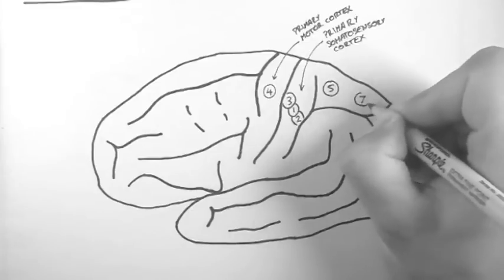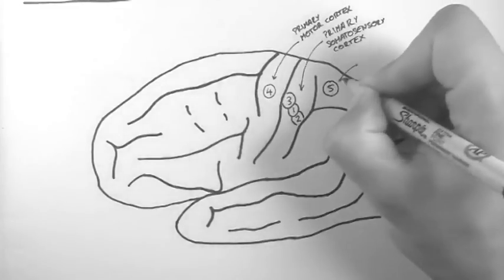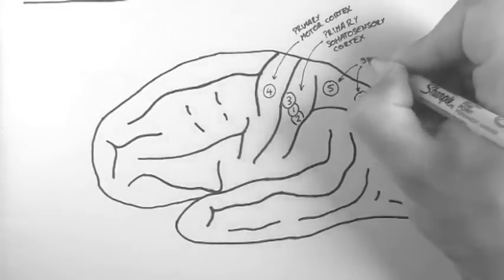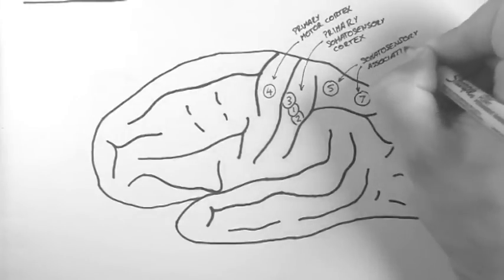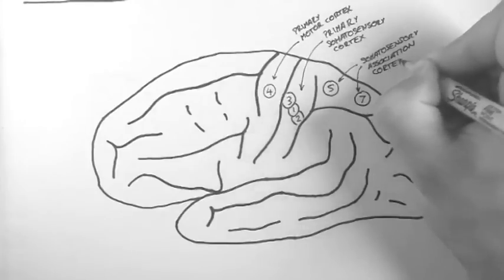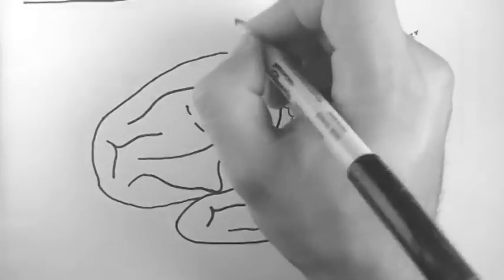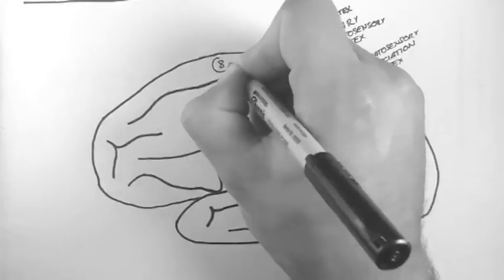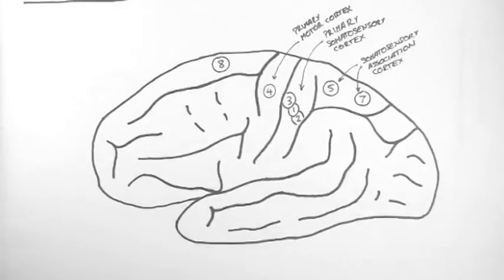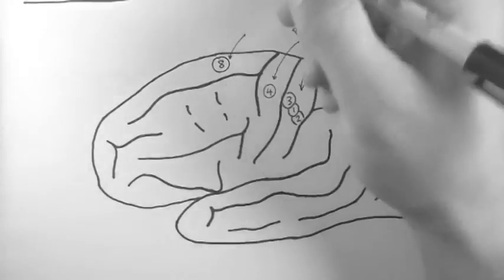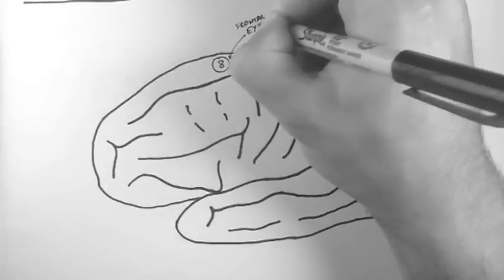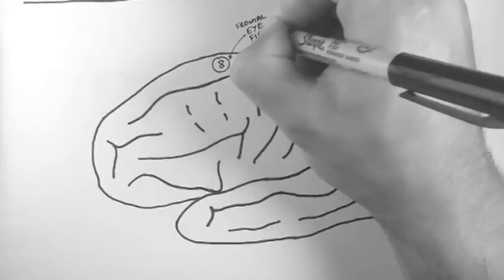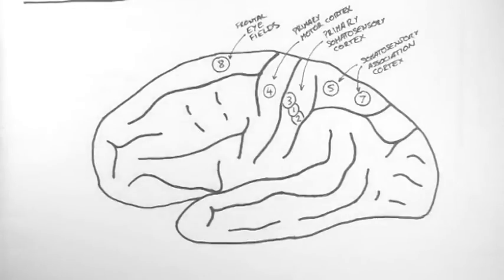Brodmann areas 5 and 7 in the superior parietal lobule make up the somatosensory association cortex. Now, Brodmann area 8 is in the superior frontal gyrus, and it controls the frontal eye fields, which basically allow smooth movement of the eyes.